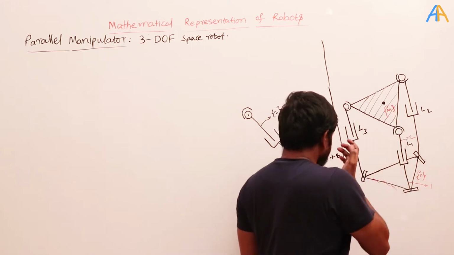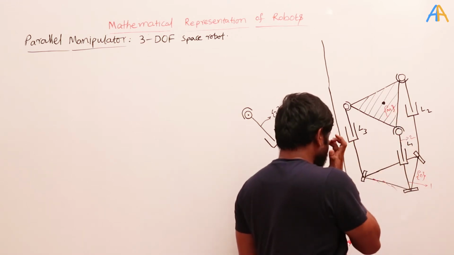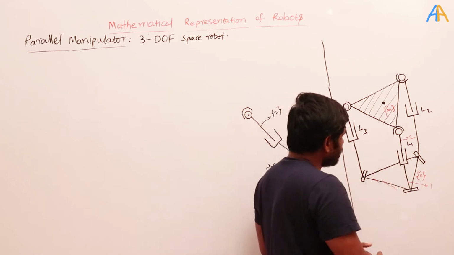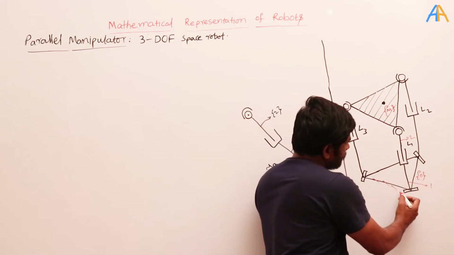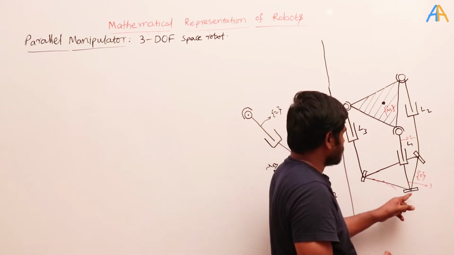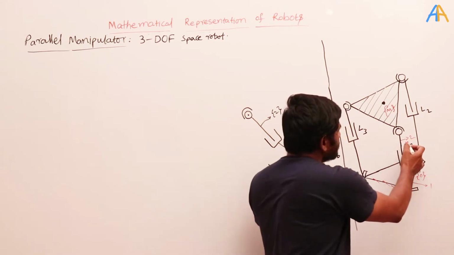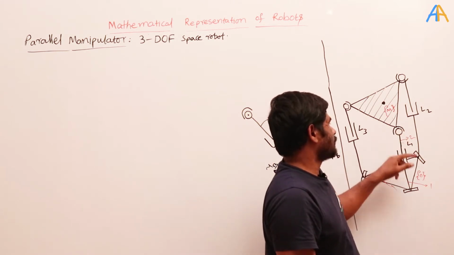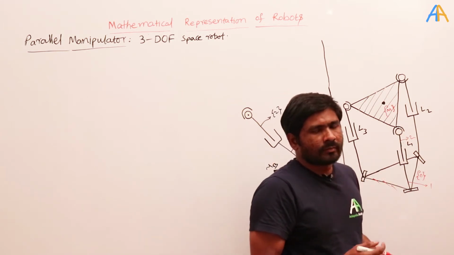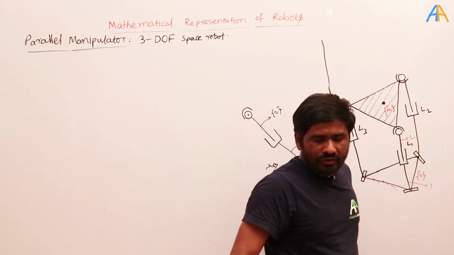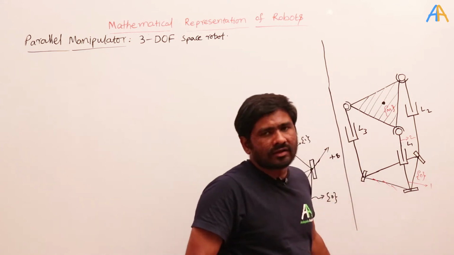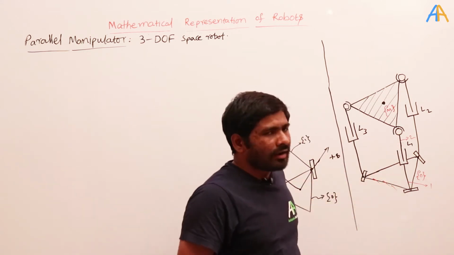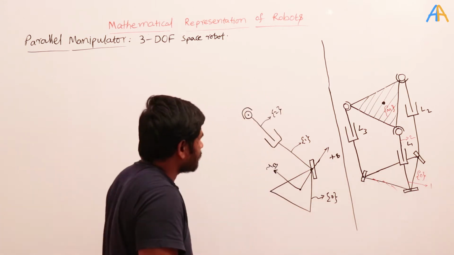So here link 1 and 2 are connected with a prismatic joint, and link 0 and 1 are connected with a revolute joint. This is the revolute joint, and link 2 and the moving platform are connected with a spherical joint. So what is the spherical joint? It allows rotation about the x-axis, y-axis and z-axis, and all these 3 axes meet at one point.